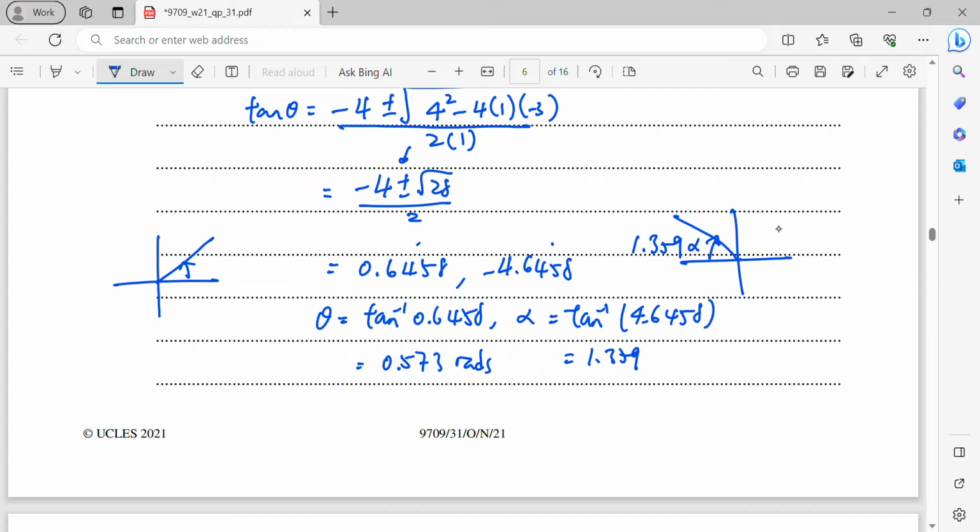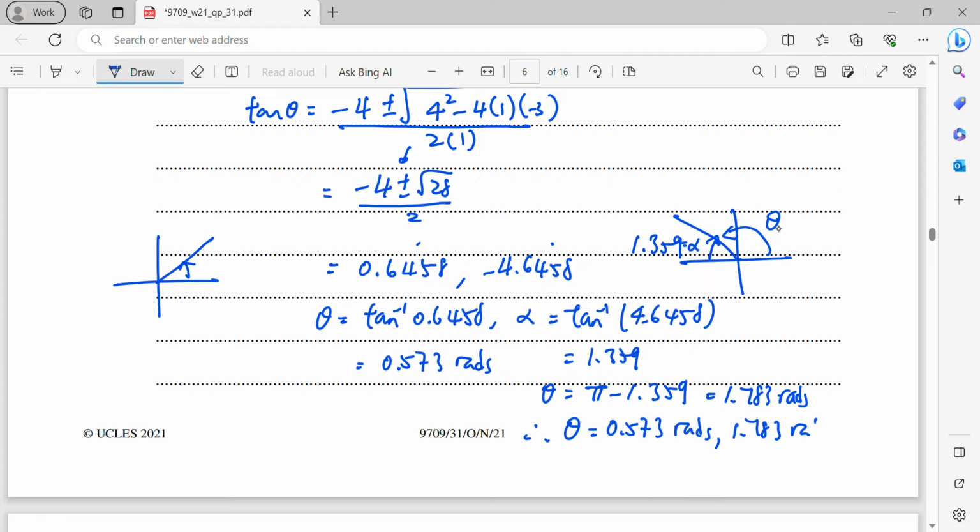But my theta is the major angle. So my theta is going to be pi minus 1.359. Then you will get 1.783 radians, which means my theta will be 0.573 radians and 1.783 radians.